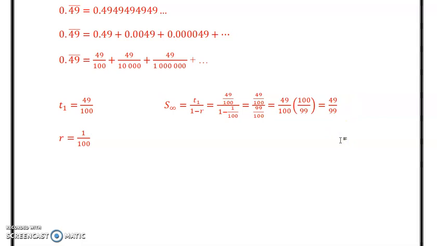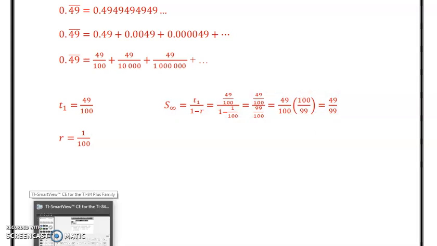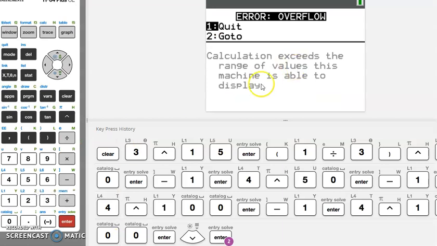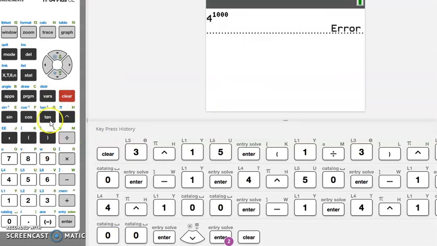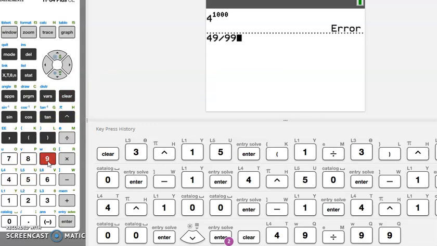The sum of that series is going to equal 49 over 99. Which is neat, we're going to go to the graphing calculator and show you what we get. Some of you probably have figured this out already, which is awesome. So I'll clear my graphing calculator. My answer was 49 divided by 99.